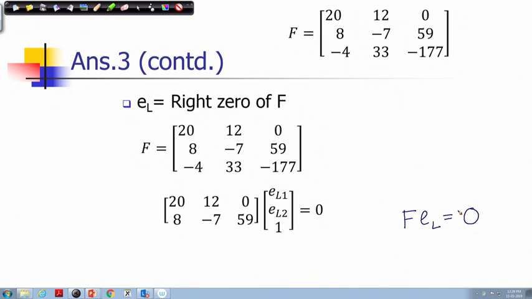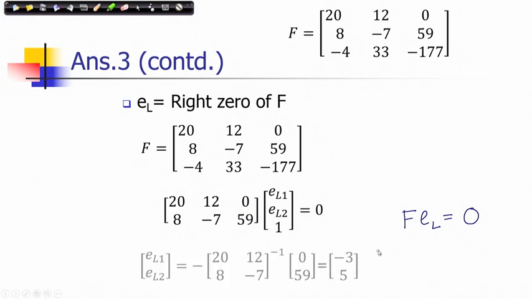I will assume the coordinates of the null vector are given in this form (EL1, EL2, 1), and if I perform this operation, it will reduce to this expression.